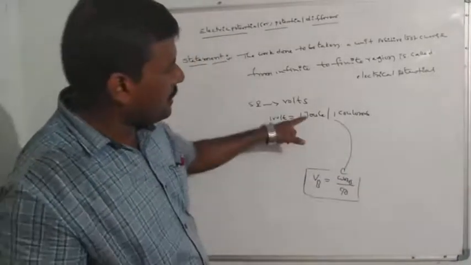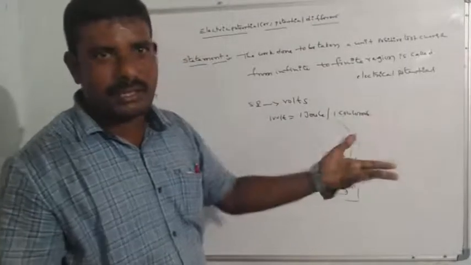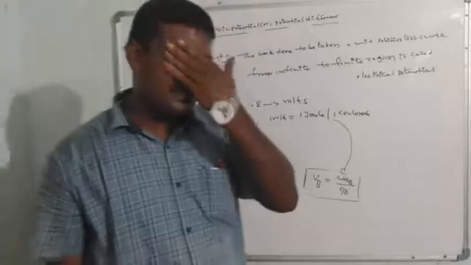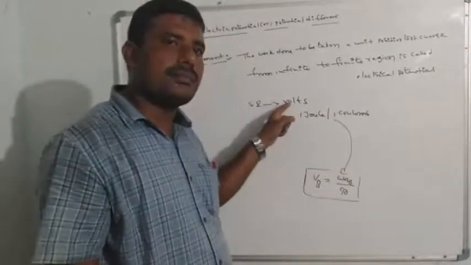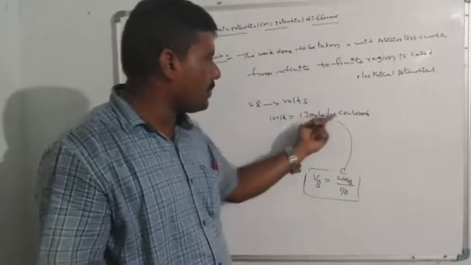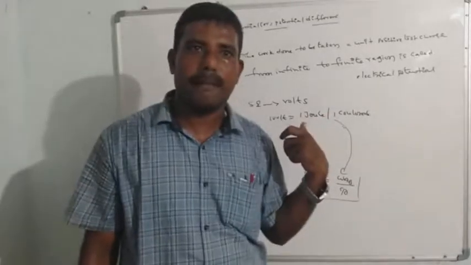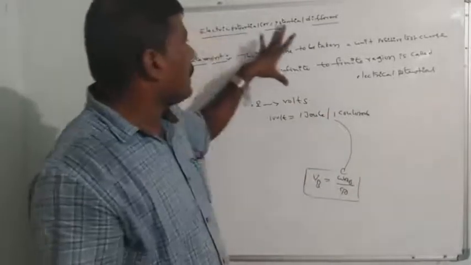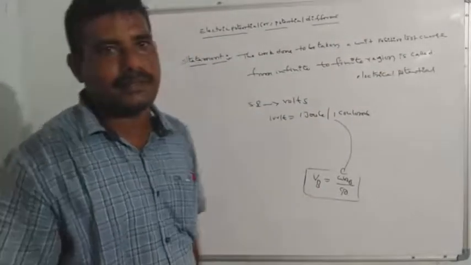Work is measured in joules and charge quantity in coulombs. Generally, the potential or the potential difference is measured in SI units, and that unit is the volt. Volt is 1 joule by 1 coulomb, equals 1 volt. This is the electrical potential or potential difference.